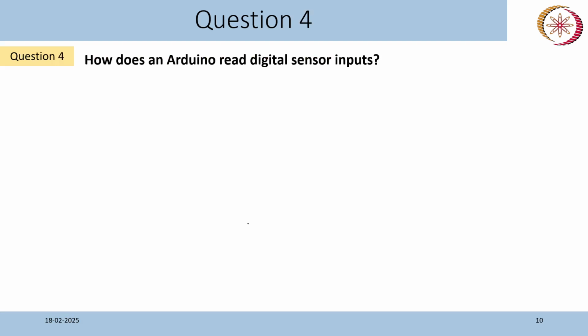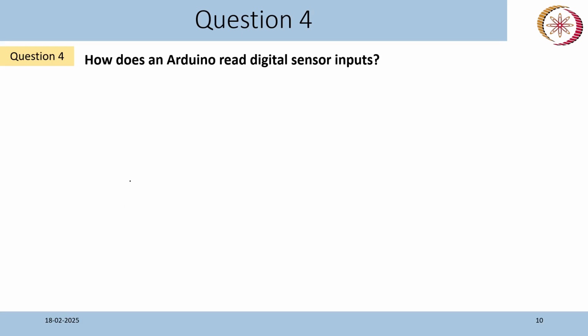Let's go to the next question. This is a very straightforward question. How does an Arduino read digital sensor inputs? I have told you that I will not go into the details of what was discussed in the lab classes, but I will ask you a few questions.